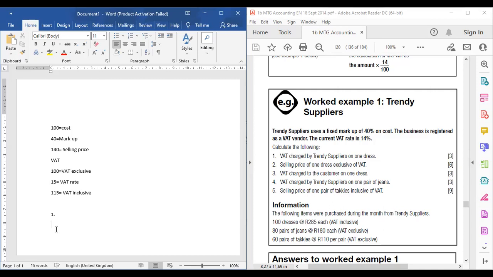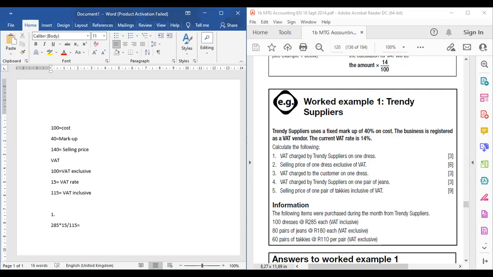So what we're going to do, we know the price of one dress, VAT inclusive. It's 285. And then we multiply it by what we are looking for, which is the VAT, 15, over VAT inclusive, which is 115.